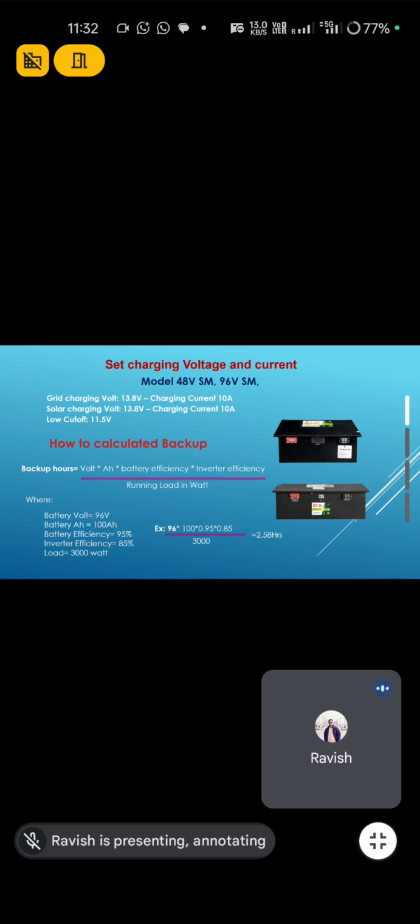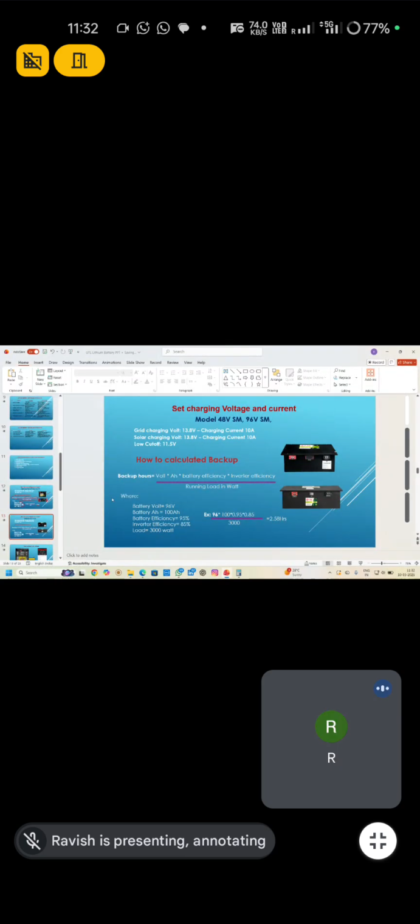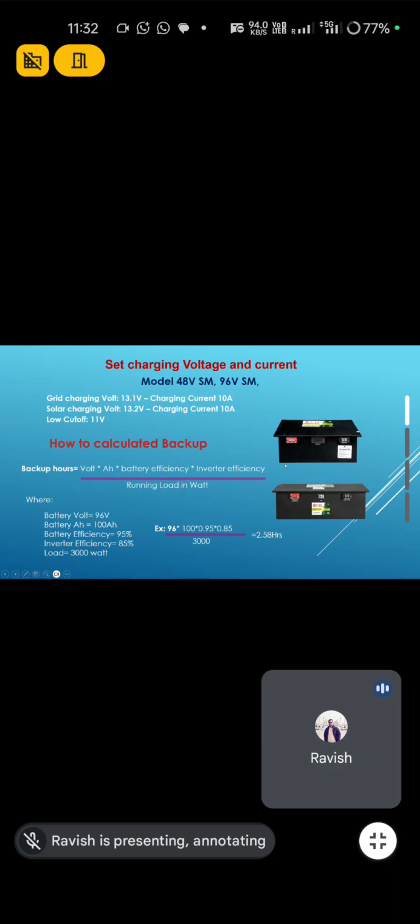Now if you have the 48 volt battery and 96 volt battery, you have to set these batteries. Take the screenshot for this 48 volt battery and the 96 volt battery charging voltage and current.